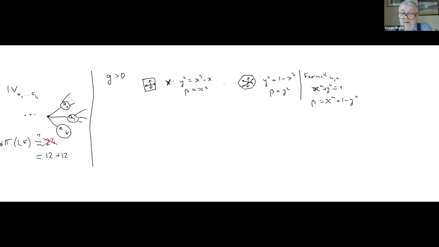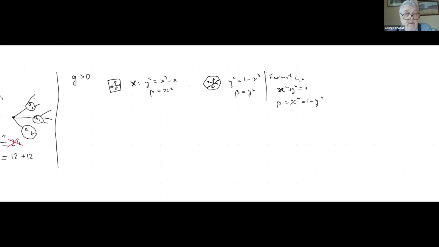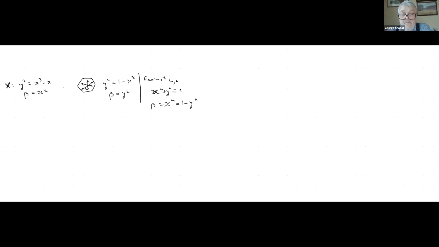Then one more class of examples and one particular example. There is an official term: curves with many automorphisms.